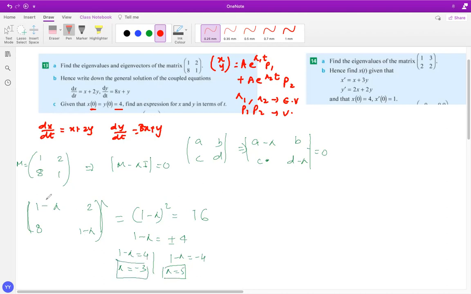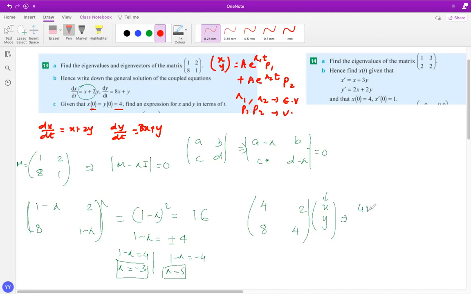Now to get the corresponding vectors, you just put these values in. If lambda is negative 3, the matrix is 4, 2, 8, and 1 minus lambda, which is again 4. Here x and y are the eigenvector components, so please don't get confused with the earlier x and y. I'm trying to find the eigenvector p1.